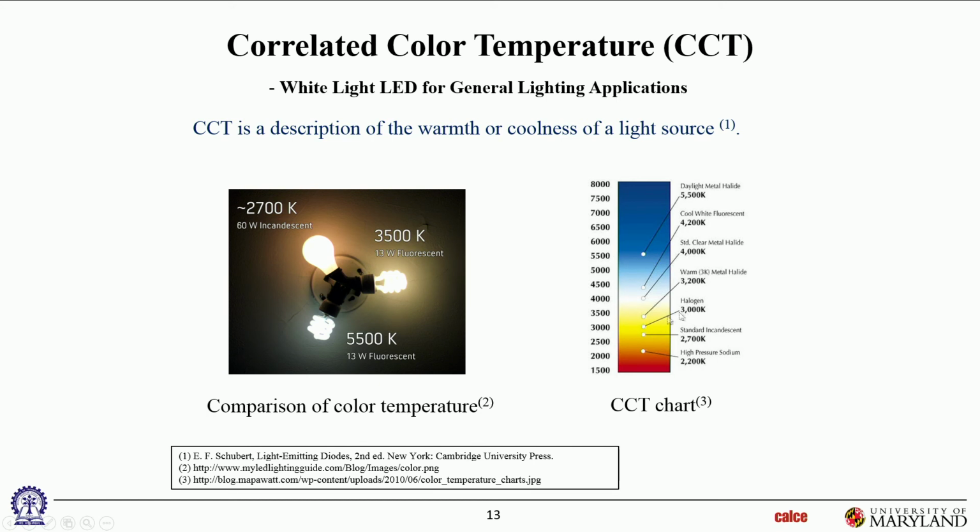Halogen lamps, as you get towards whiter and whiter light, are about 3000 Kelvin. White light is about 4000 Kelvin. And by the time you get to the blues and ultraviolets, you're at about 5000 plus Kelvin.